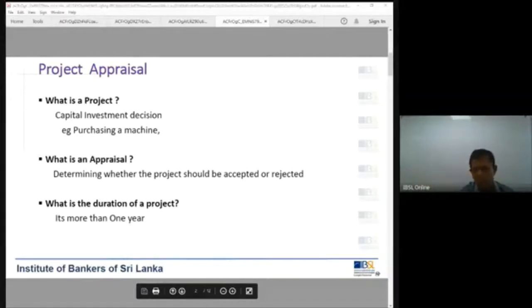So which one has changed? Say you have 1,000 shares of 10 rupees. Altogether you have 10,000, right? Subdivision or share split means you take this into 1 rupee.